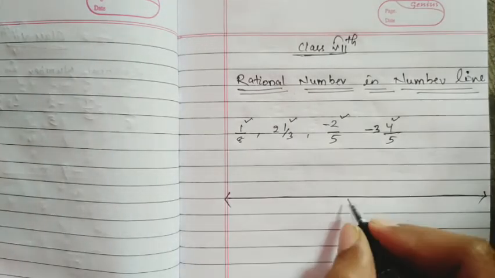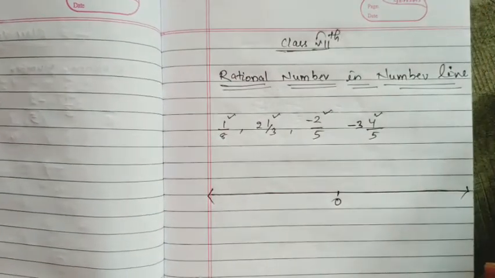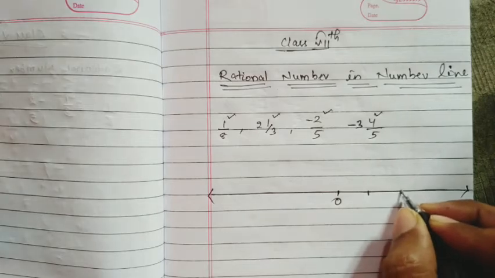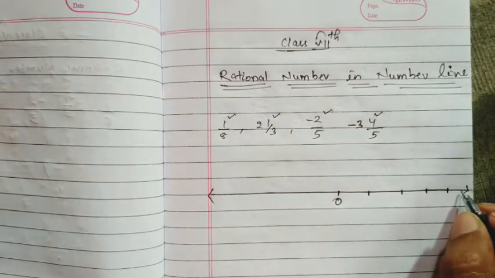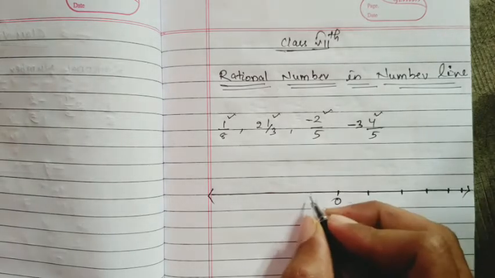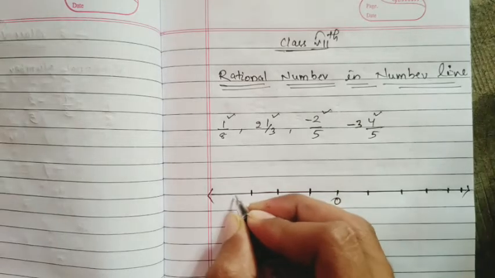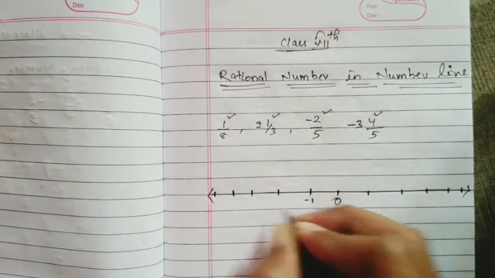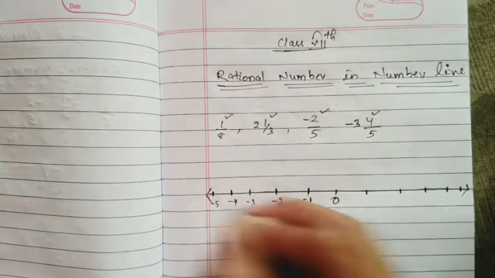In the middle I have written 0, clear to all of you, and here written 1, 2, 3, 4 and 5. Here minus 1, minus 2, minus 3, minus 4 and minus 5.